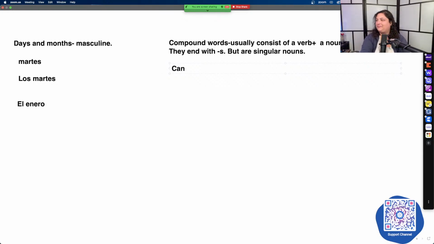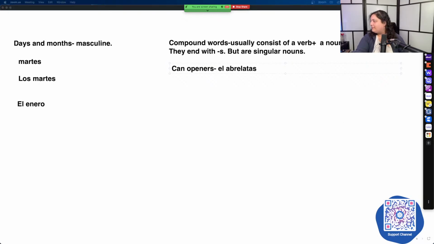Can openers will not be la abre latas, but el abre latas. Abre means open. Latas are cans. Crazy, huh?